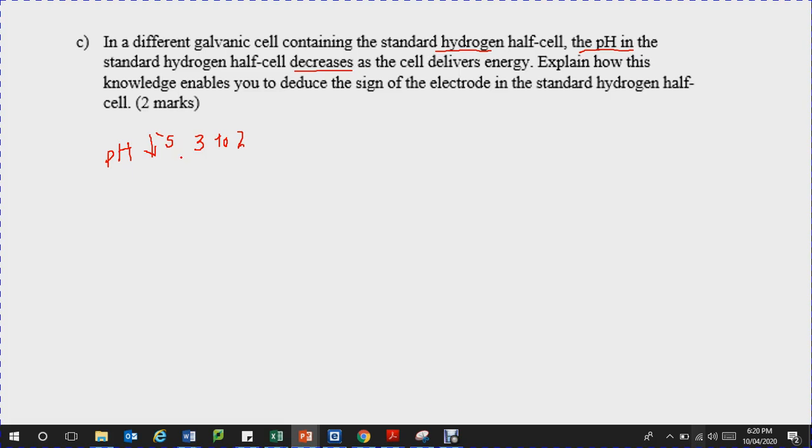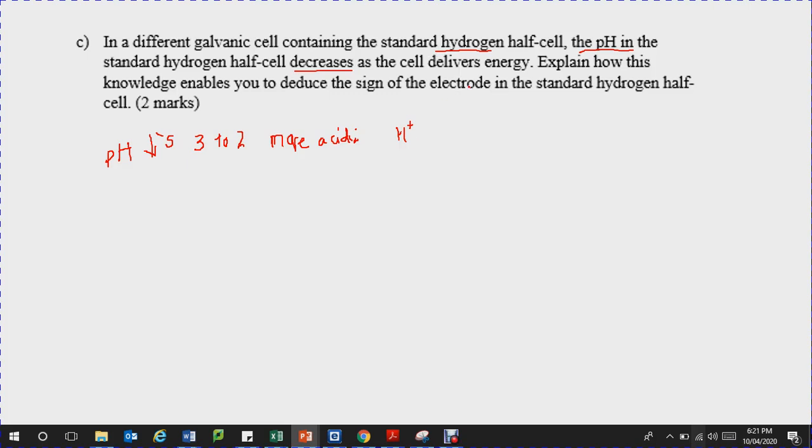So it's getting more acidic. pH is a measure of our hydrogen ions, so if it's decreased in pH, I'm going to have more hydrogen ions present.